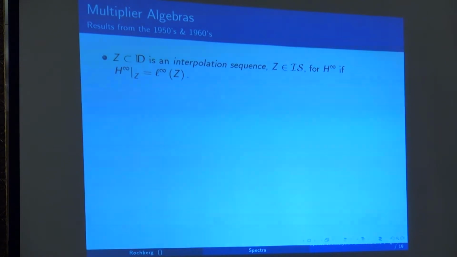So let me tell you what the classical theory is about the Hardy space. We defined an interpolating sequence last time. Let me call an interpolating sequence a member of IS. It's an interpolating sequence for the multiplier algebra.